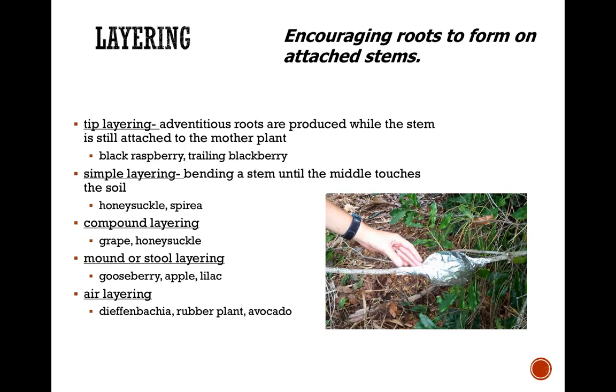Essentially, you're just inducing the plant to make more roots for a period of time and then cutting the segment, whether it's a stem or a branch, that has formed the roots, and then you're putting it into the ground. We'll do this in the greenhouse with avocado or hibiscus. This practice can be carried out on different plants that we have up there.